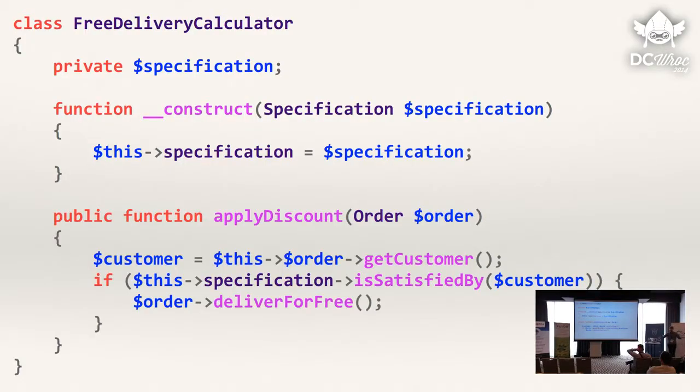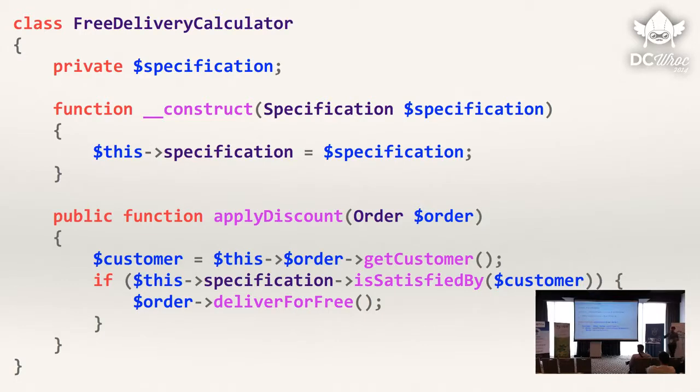We don't care what the details of this specification are, because we may want to turn this promotion on for some time and apply different rules. So we can just pass a different specification. And then really, what we need to do is to check if this specification is satisfied by the customer. So if it was a paying customer, then we deliver for free.